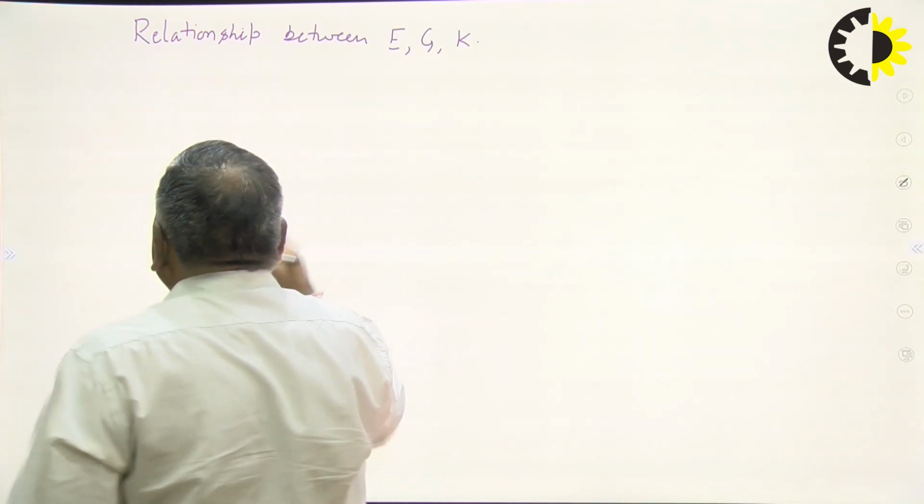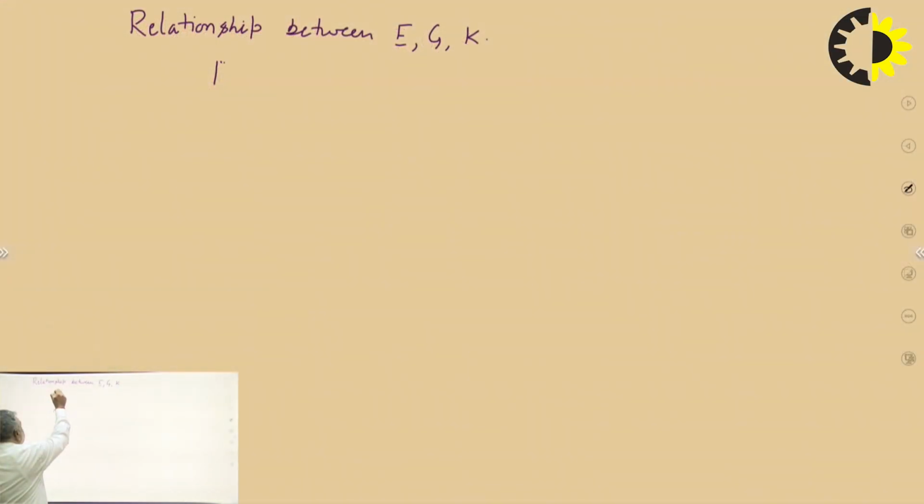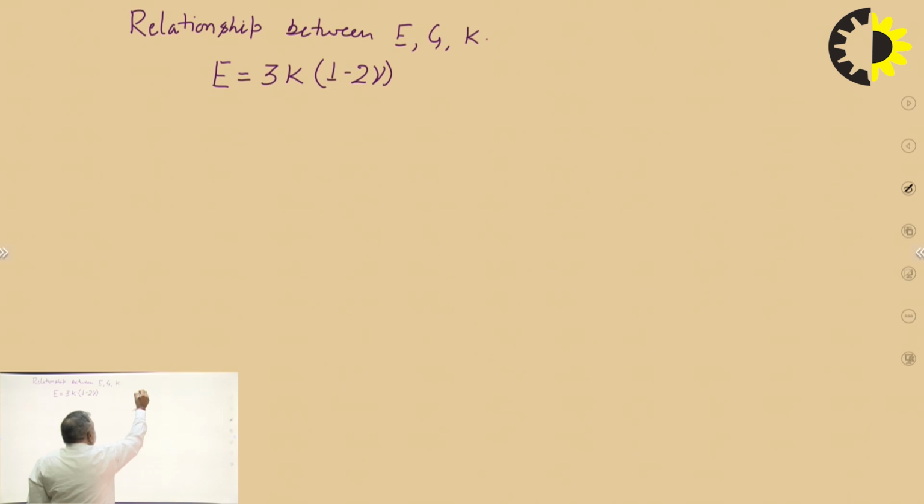So we have established a relationship between E and K like this: E is equal to 3K(1 minus 2 nu), and E is equal to 2G(1 plus nu).